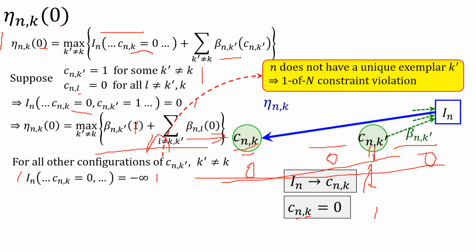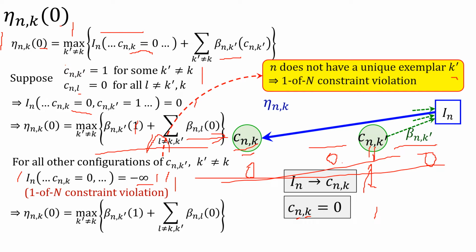It has either no exemplar, or it has multiple exemplars, including k prime. So since this is a 1 of n constraint violation, it will be negative infinite. And when we do the maximization, this negative infinity can never be the maximum. Whence we can eliminate this possibility, so that this becomes our expression for eta nk0.